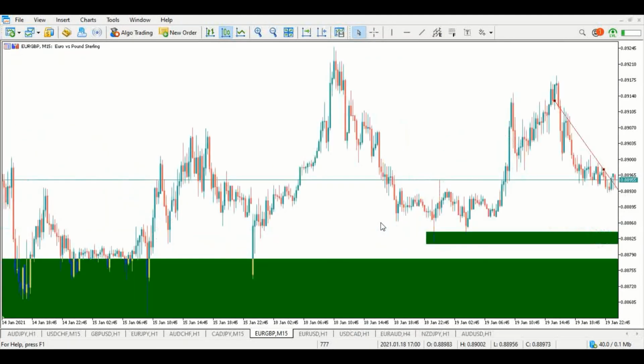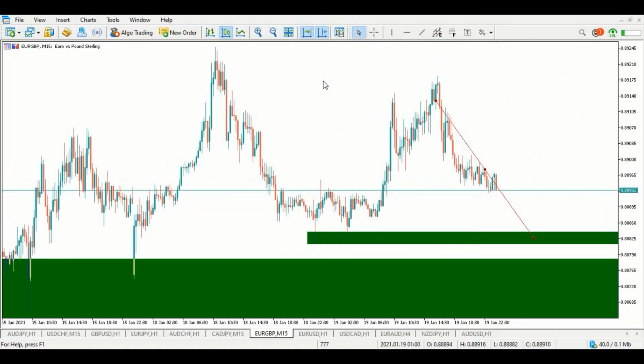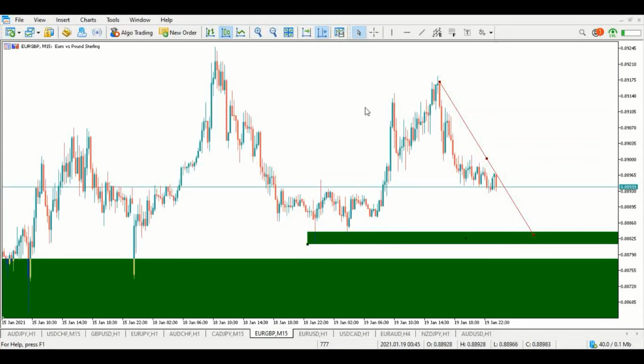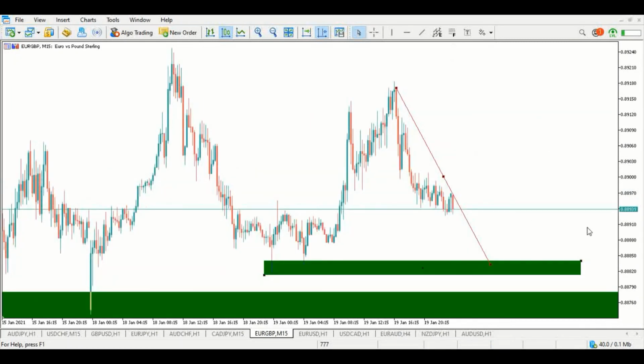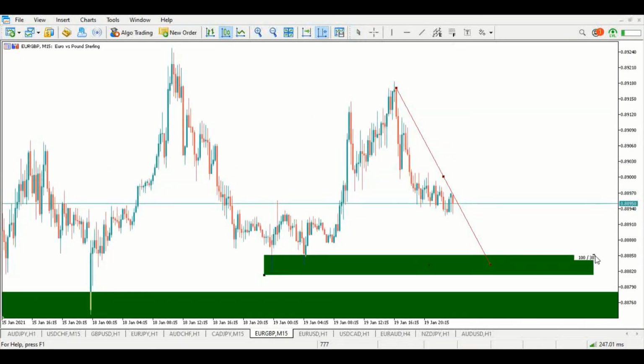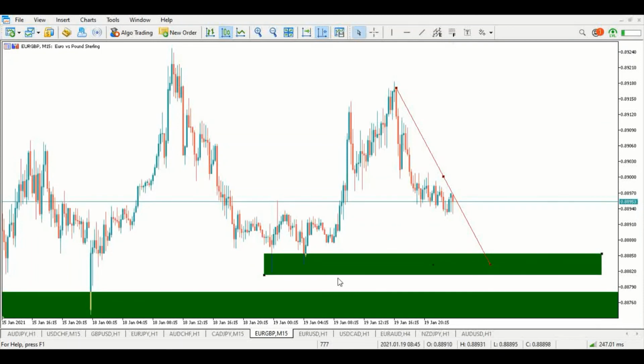Okay, sweet. So I will be looking for price to come back within that level area right there. Let me take it a bit up so that I include the low, the close, as well as the wick.